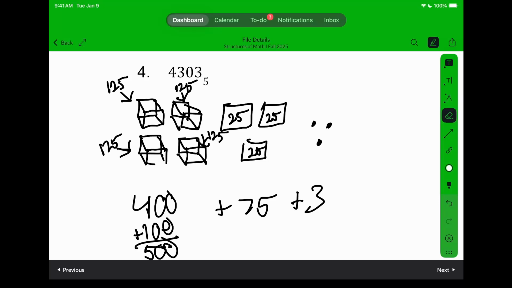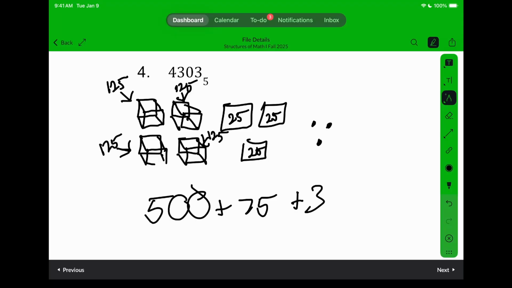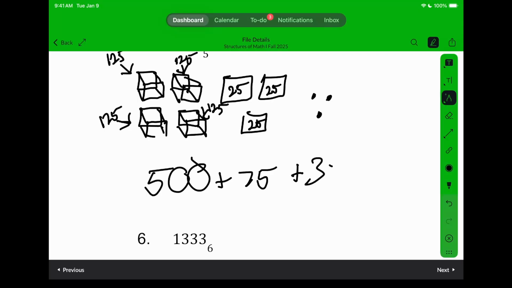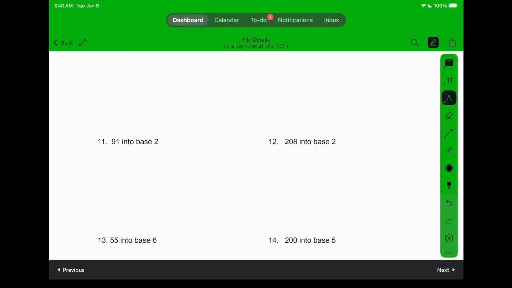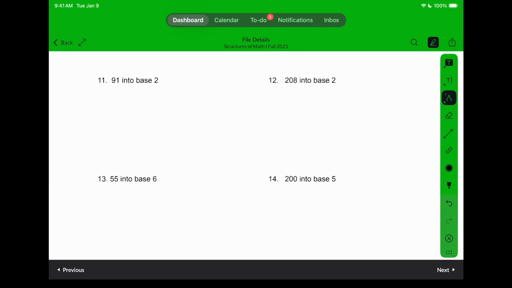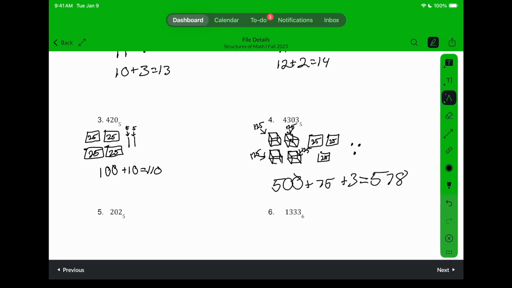It's 500. So that's 500 plus 75 plus 3 equals 578. And again, we can double check our answer. Number 4 is 578. Look at that.